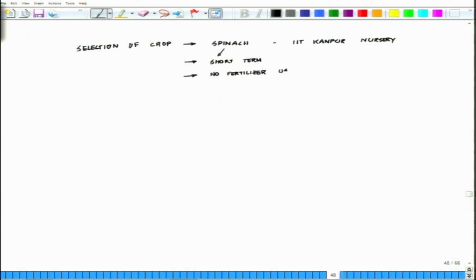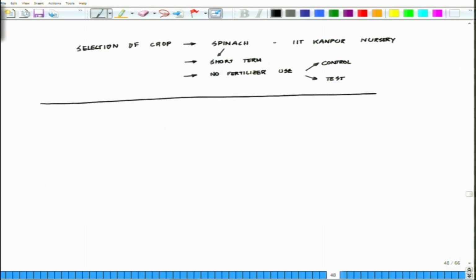No fertilizer use, neither in control nor in test. Okay. So these were the basic criteria which were laid before this field trial was initiated. And whenever you do a field trial, you should have multiple replications so that you can compare the data neatly.